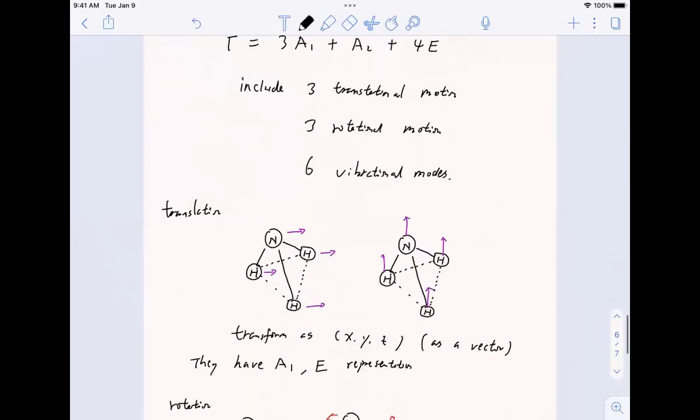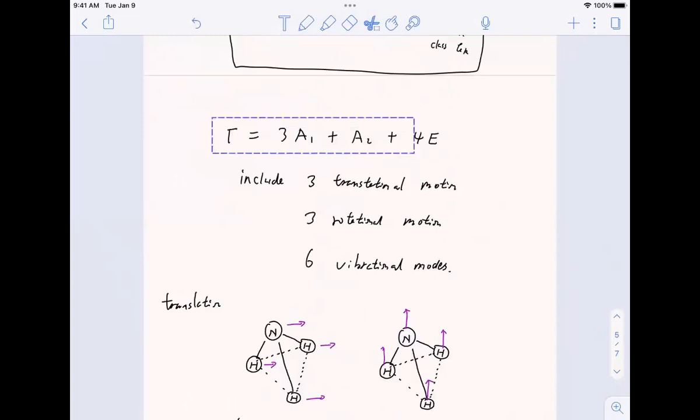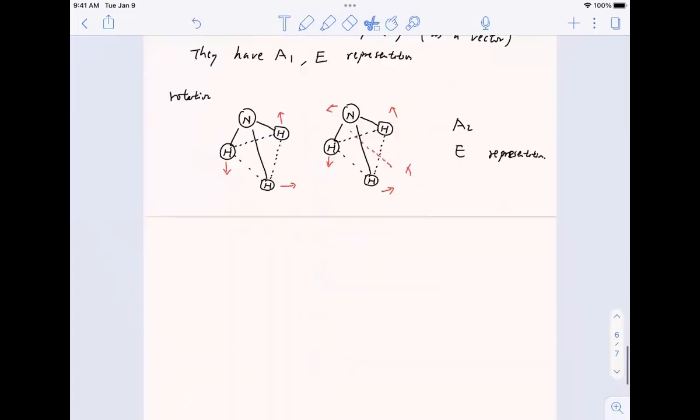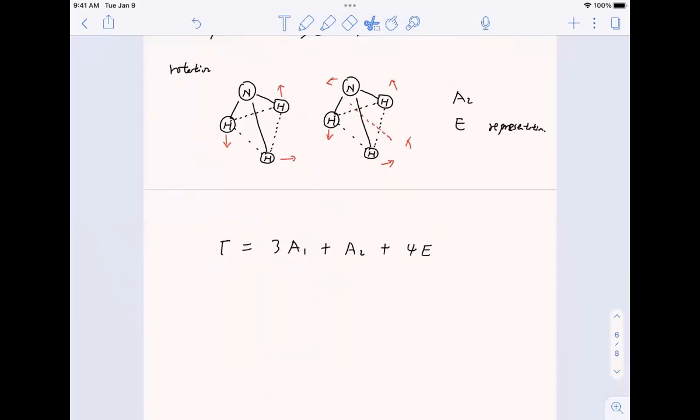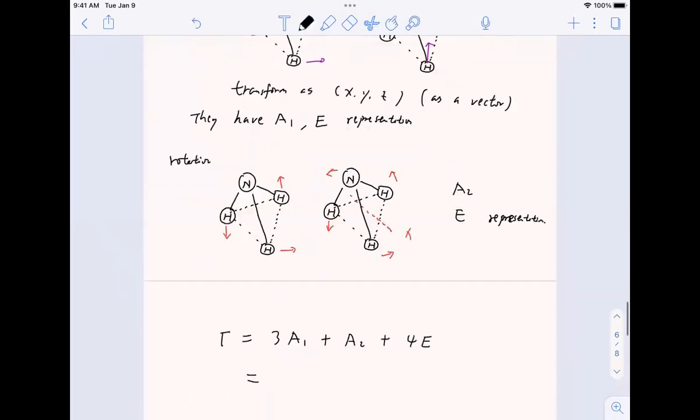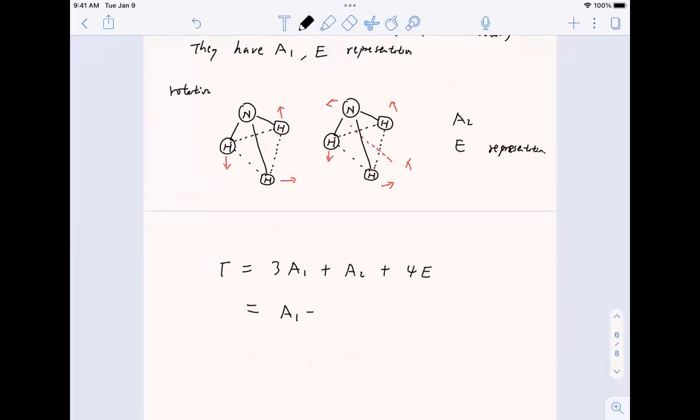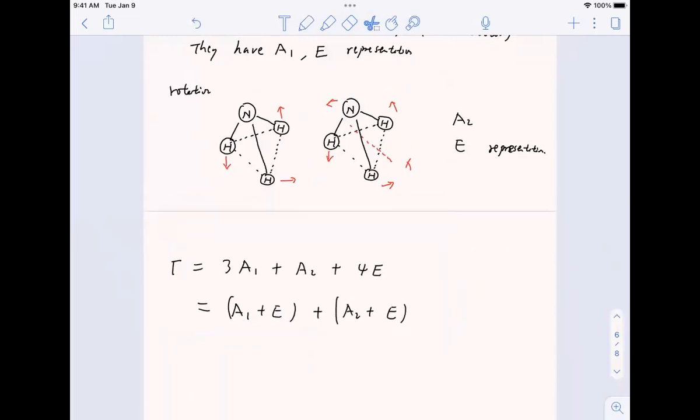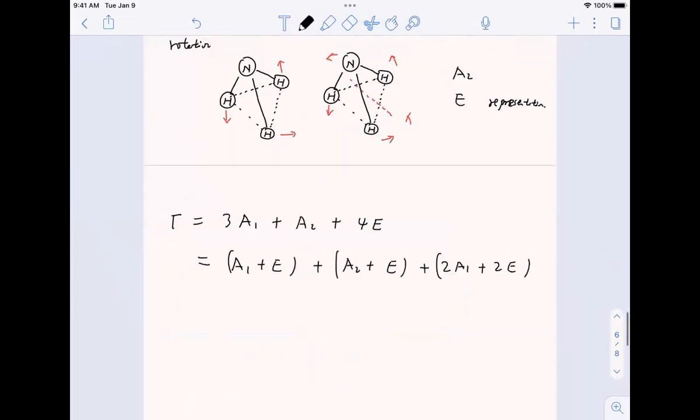Okay, so then we can already write this out. You can write it out as A1 plus E plus A2 plus E and plus 2A1 and then 2E. Okay. So decompose it.